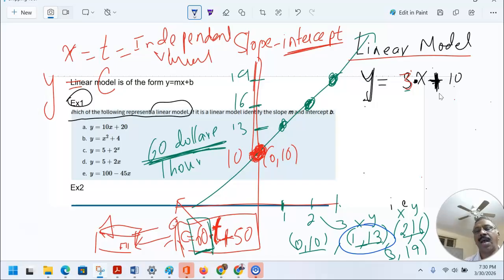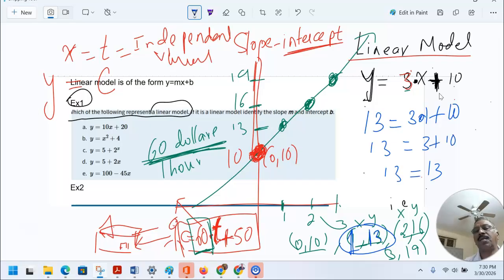So y is 13, and it is 3 times x, which is 1, plus 10. You can see 13 equals 3 plus 10, and 13 equals 13. So this is true.